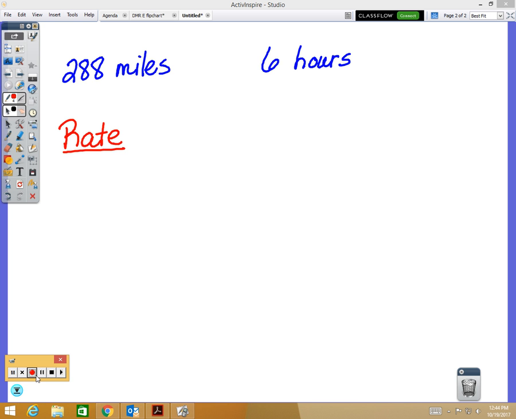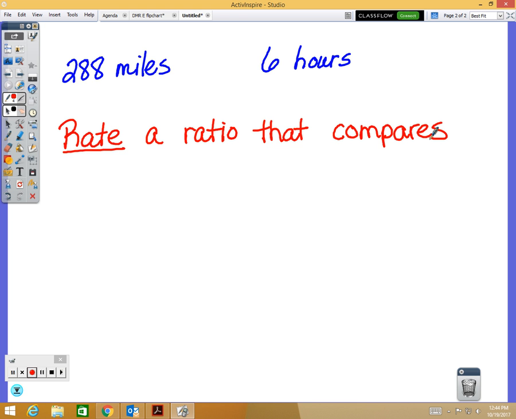So a rate is a ratio that compares two quantities measured in different units.